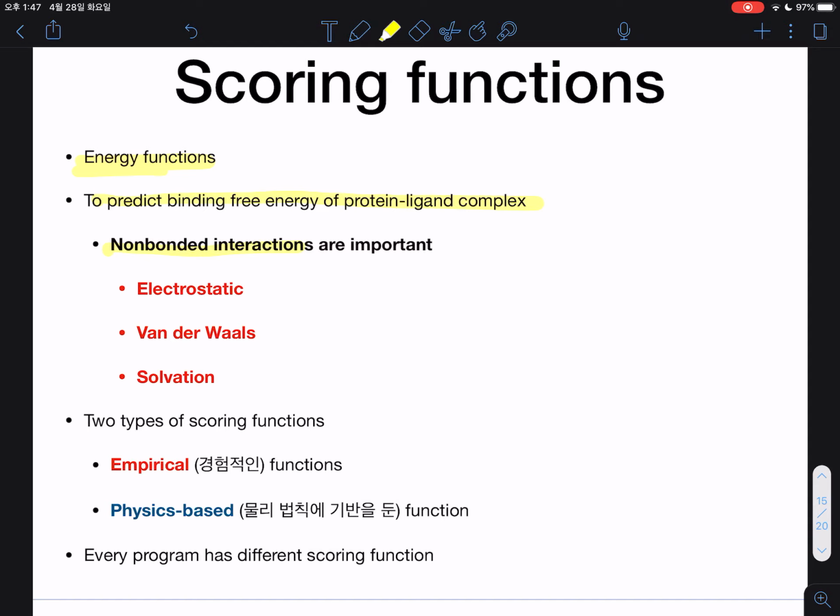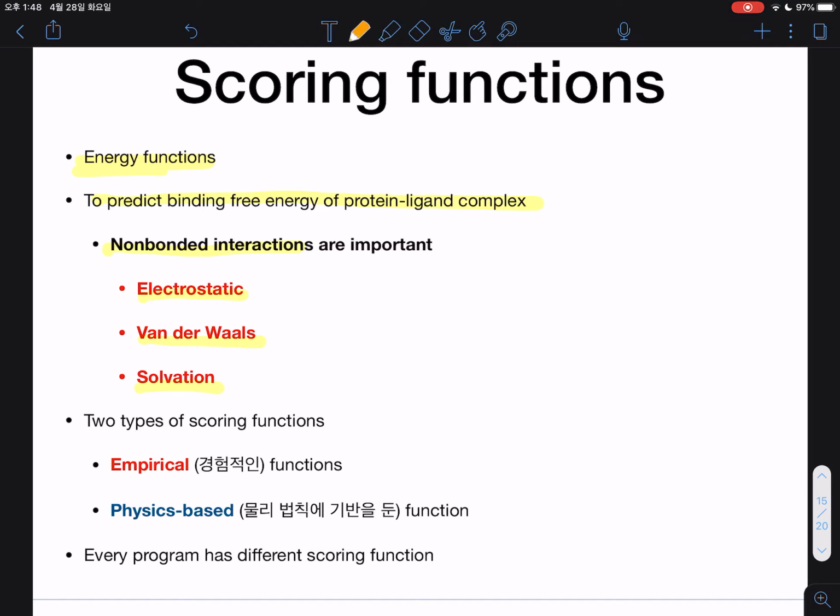So what are examples of non-bonded interactions? We can say that the three examples are electrostatic interactions, van der Waals interactions, and solvation free energy. These are classified as non-bonded interactions.